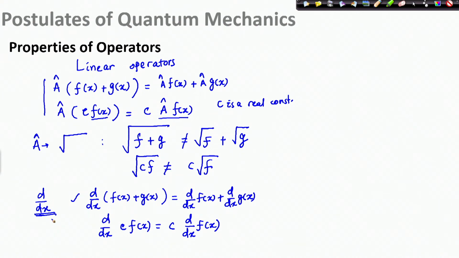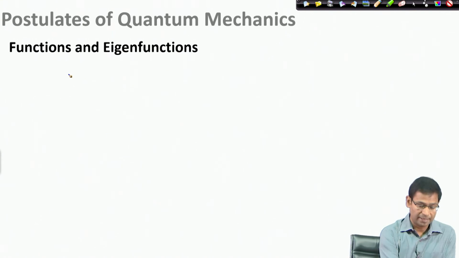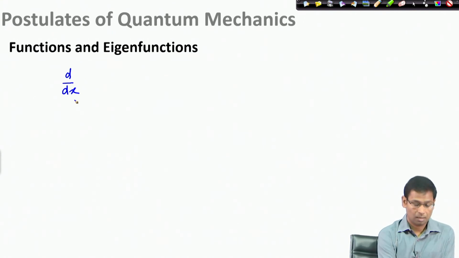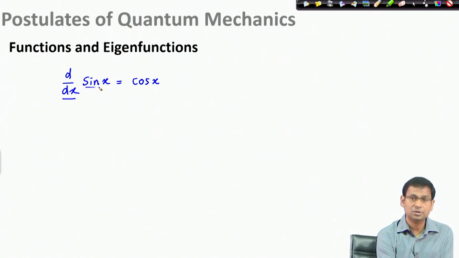For example, if I take an operator d by dx and act this operator on a function sin x, I know that I would get cosine x. So, what this operator did to this function is that it changed the function from a sine function to a cosine function.